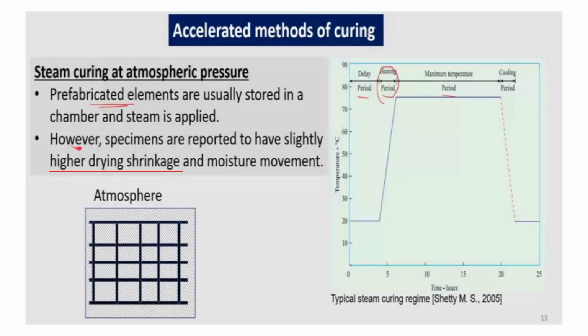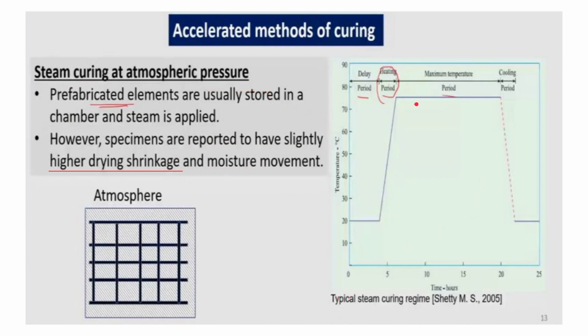The specimens have been reported to have slightly higher drying shrinkage and moisture movement. This is a negative case. That may be a positive thing for the hydration. So both things are present, as has been observed in steam curing at atmospheric pressure.